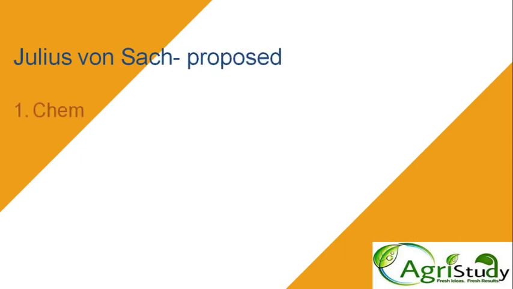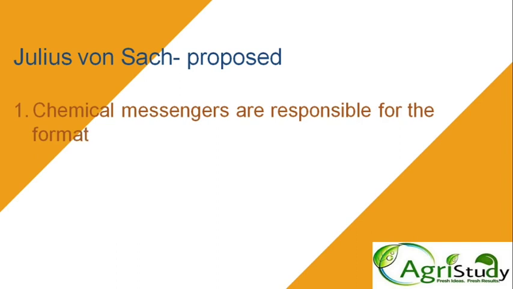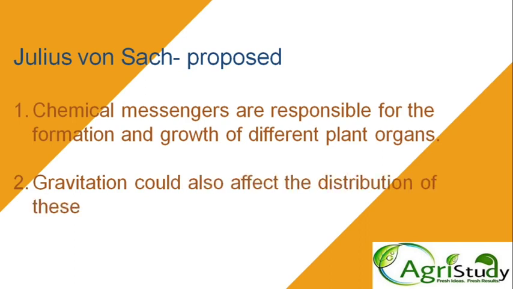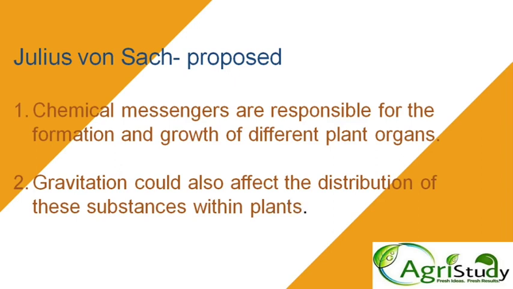There is a scientist who gave some ideas about plant growth regulators. His name is Julius von Sachs. He proposed a mechanism in which chemical messengers are responsible for the formation and growth of different plant organs. To develop plant organs, some chemical messengers are compulsorily required.